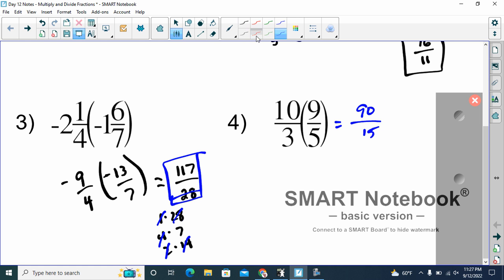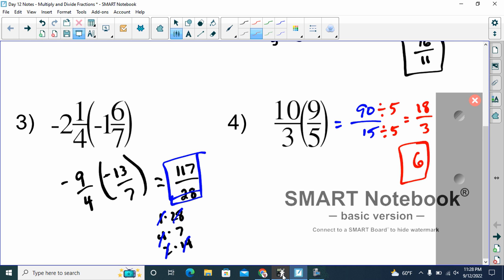There's lots of things you could do. If it's a calculator problem, you could just divide it and see if it comes out even. If it doesn't, we can for sure divide them both by 5. Gives me 18. 15 divided by 5 is 3, and then 18 divided by 3 is 6.